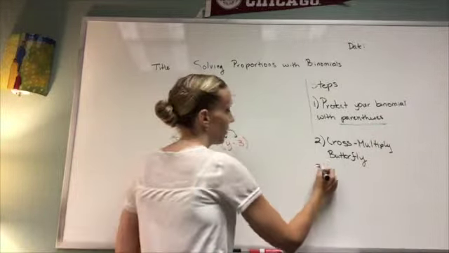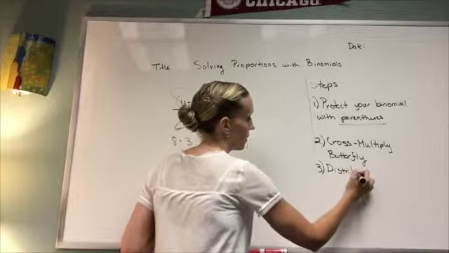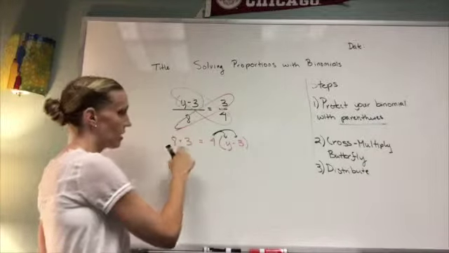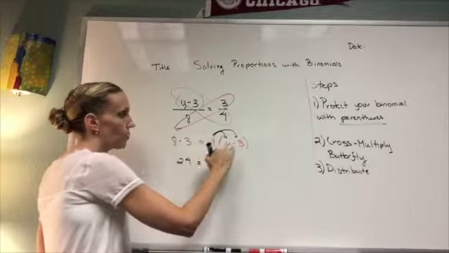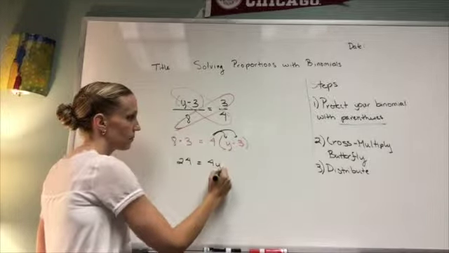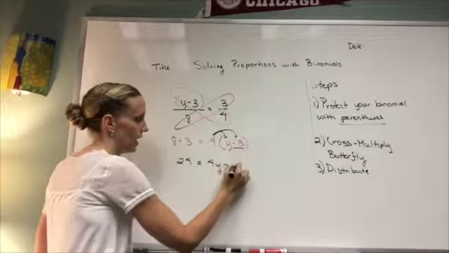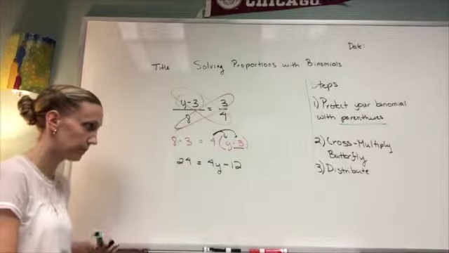So my next step is to distribute. I get 8 times 3, which is 24. 4 times y is 4y. And 4 times negative 3 is negative 12, because a positive times a negative is a negative.